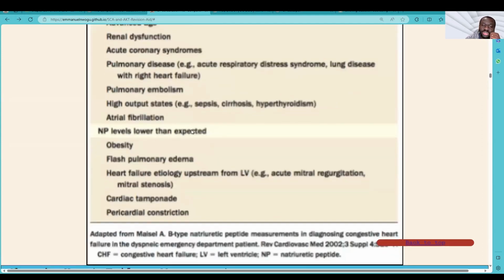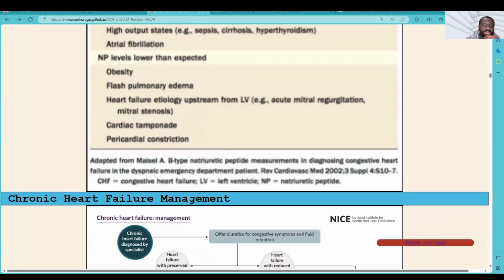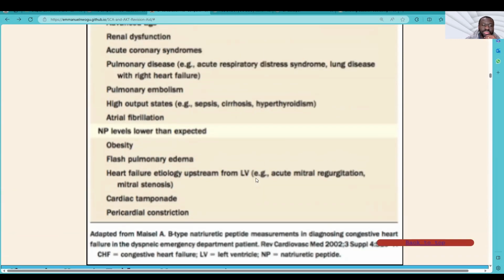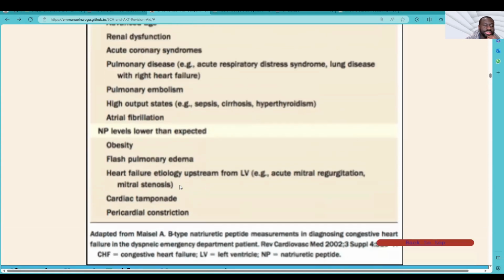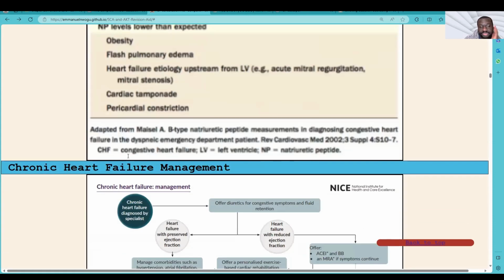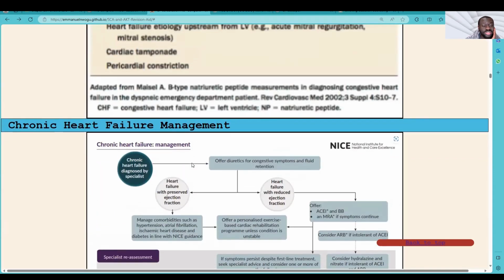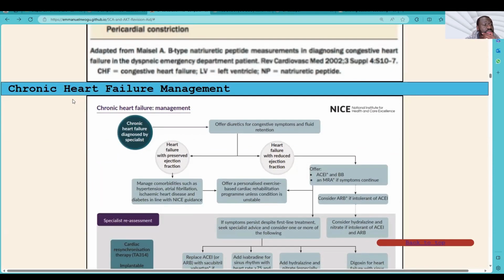Things that can cause a low level of BNP include obesity, since BNP is brain natriuretic peptide, cardiac tamponade, pericardial constriction, and heart failure etiology upstream from the left ventricle. That's not really important for now.